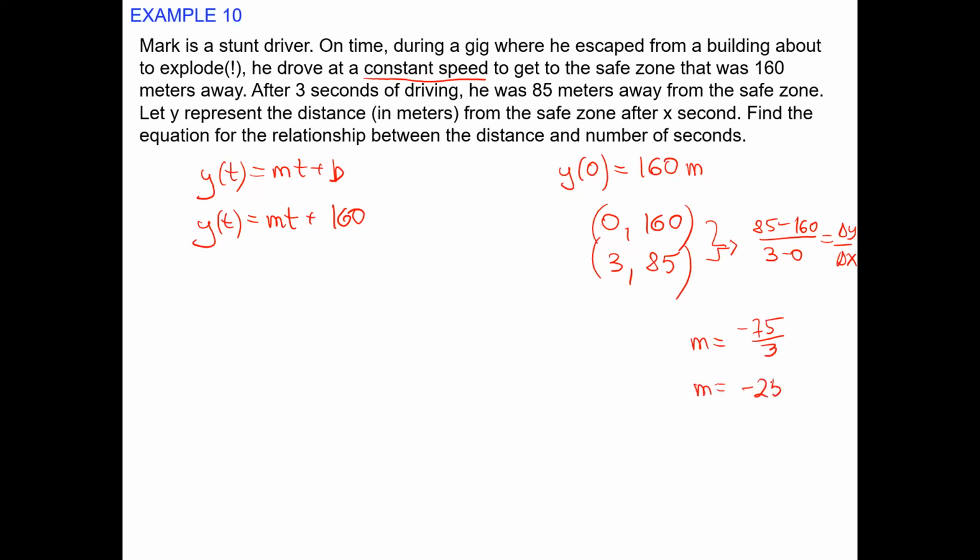It's negative 25 meters per second. That's the slope. The equation is set. And it makes sense, because we are decreasing that distance from the building to the safety zone, 160.